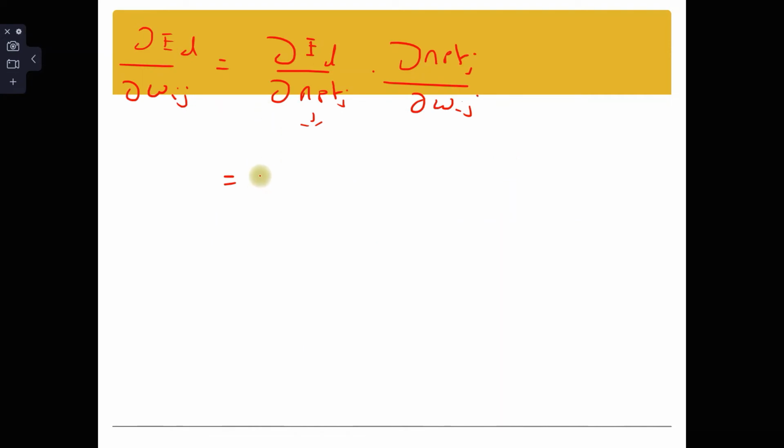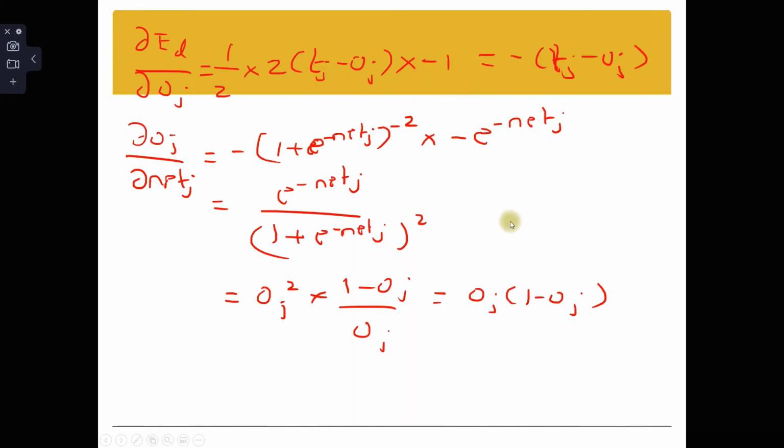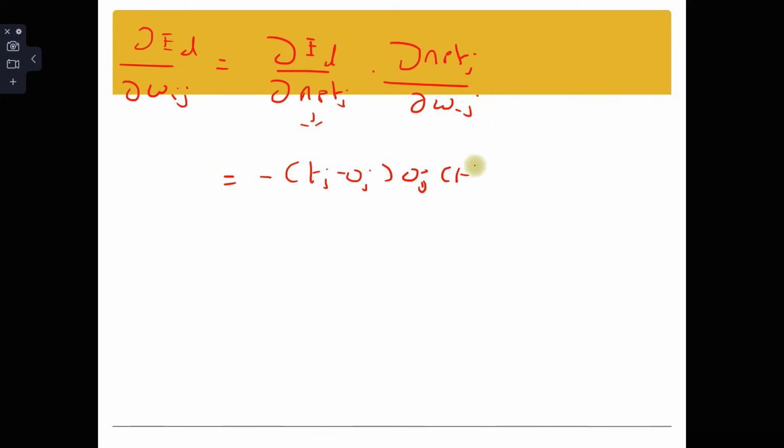So in other words, you have negative tj minus oj into oj into 1 minus oj. And then this was done by multiplying xij. So this is where you have del ed by del wij obtained through that part of the formula.